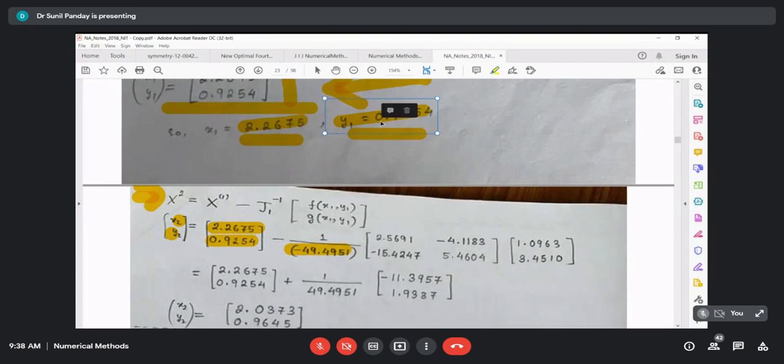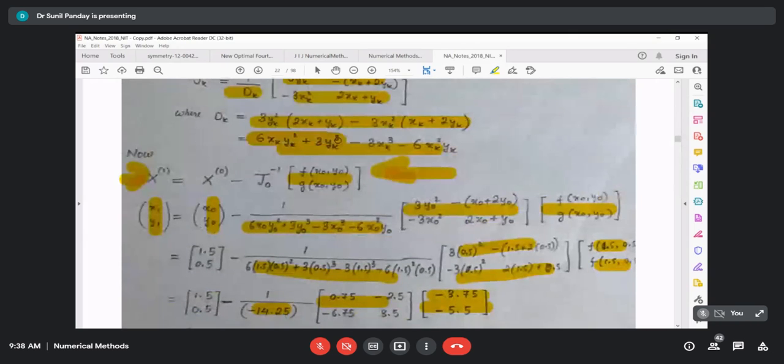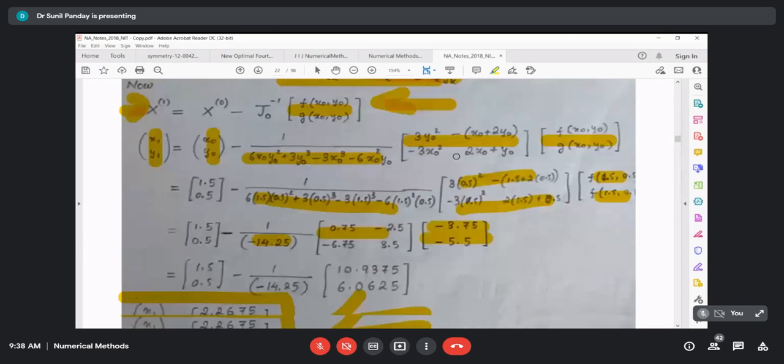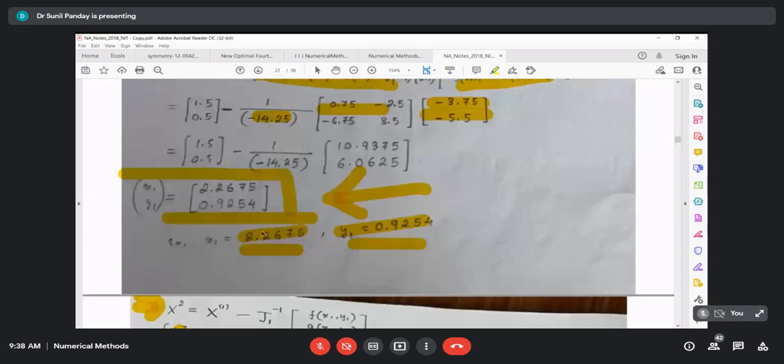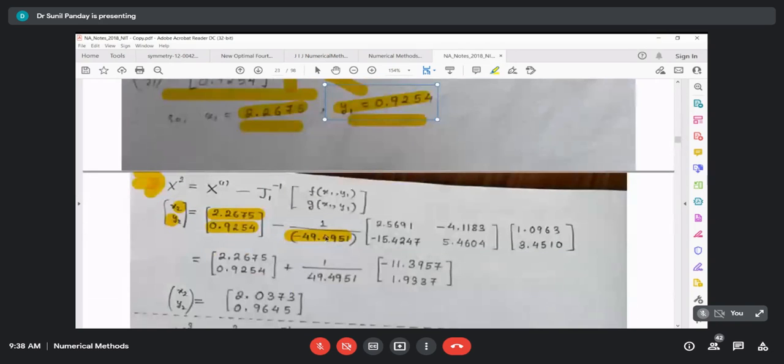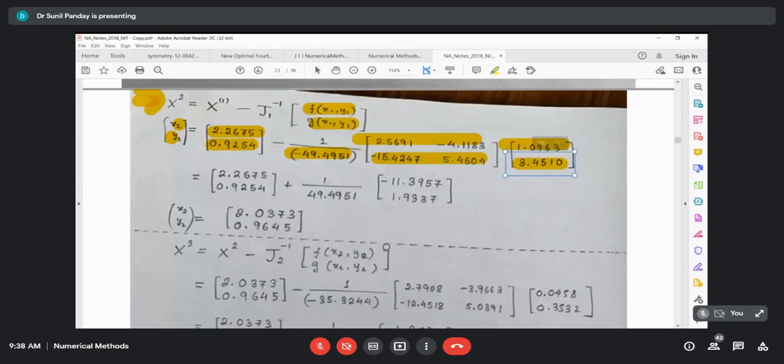Now I substitute x1, y1 and you will get this one as Dk. Similarly this matrix also, and I have to calculate small f and small g values at the new point x1, y1. So these are the values of f and g at x1, y1. After simplification you will get the second approximation.